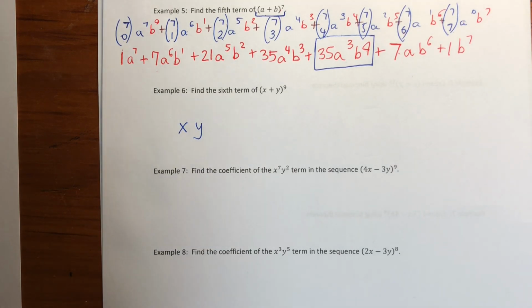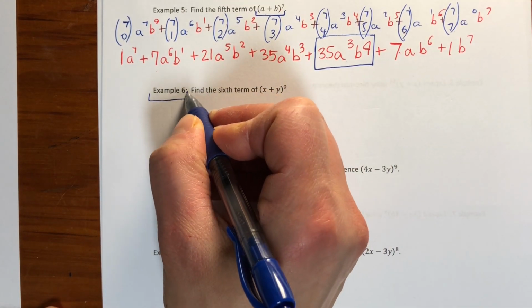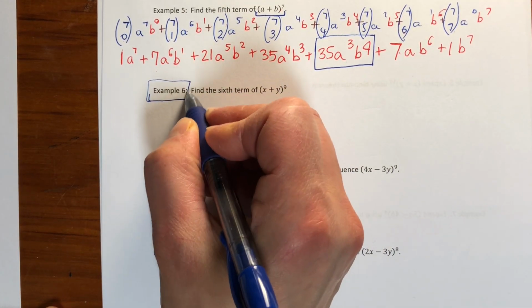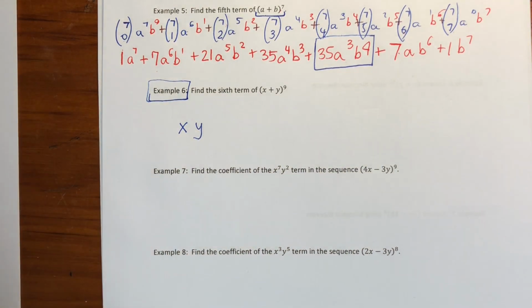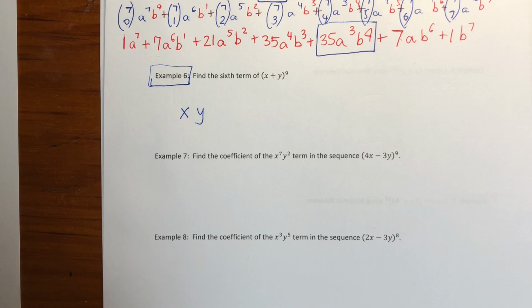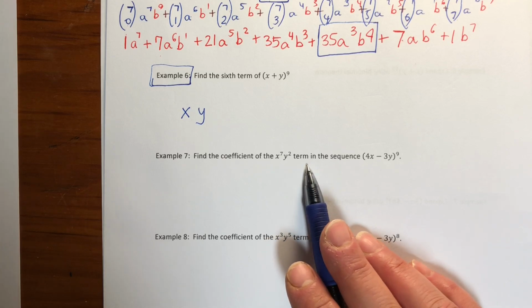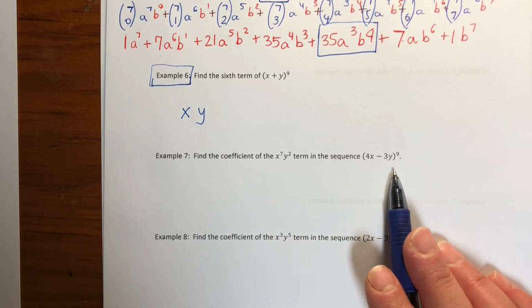Well, maybe I should leave you with this one and have you do this as an assignment. But we can do together the next one, where you are just looking for the coefficient of x to the 7th, y to the 2nd in this particular sequence.